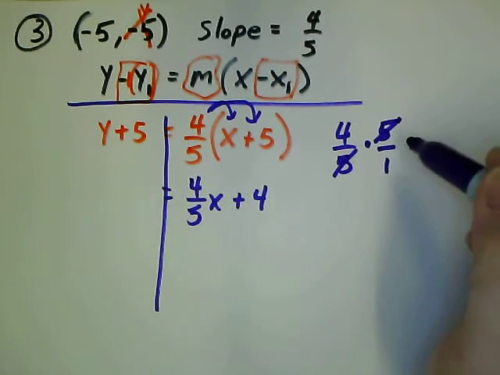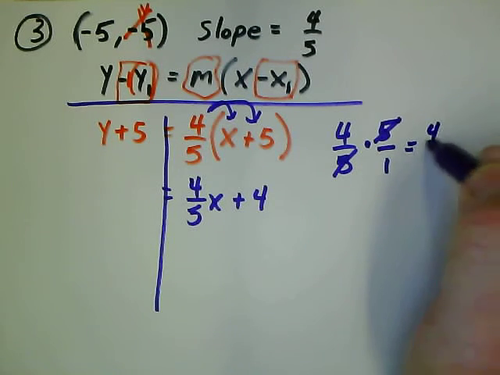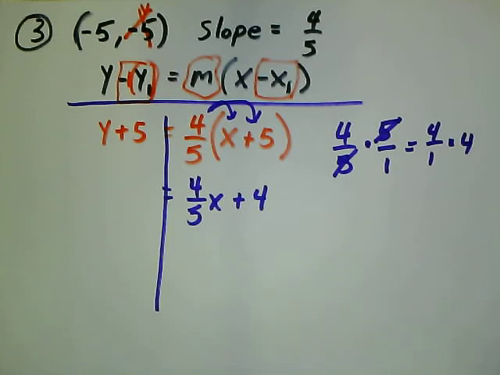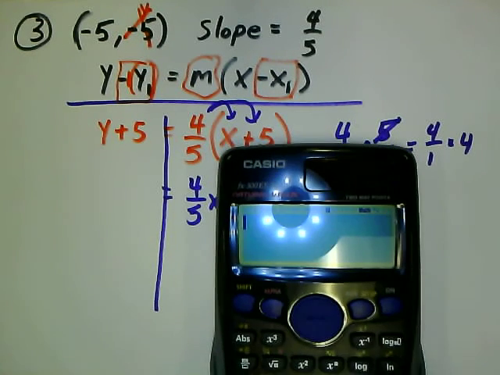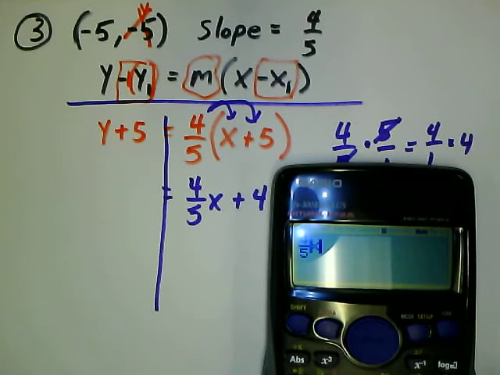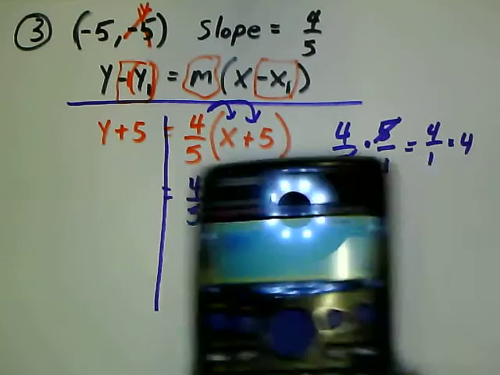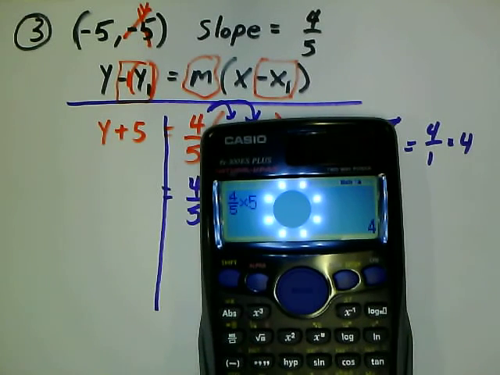Well, you cross cancel, right? Because the 5s go to each other, and I'm left with 4/1, which is just 4. Or use your calculator. I'm going to do the 4, the fraction key, the 5, make sure I cursor over, and I'm going to multiply by 5. It equals, and there you go, there's your 4.